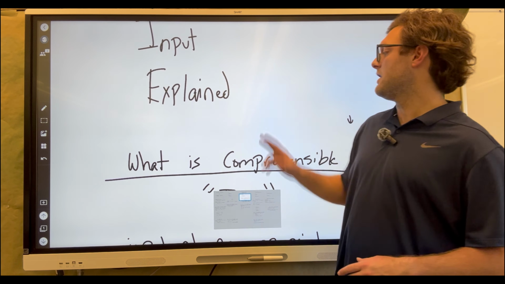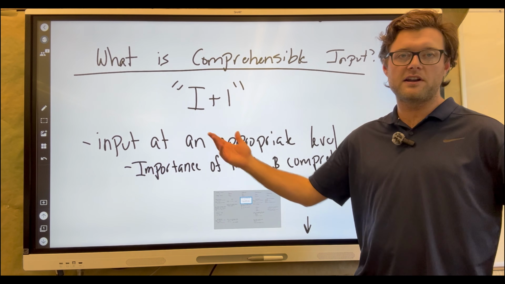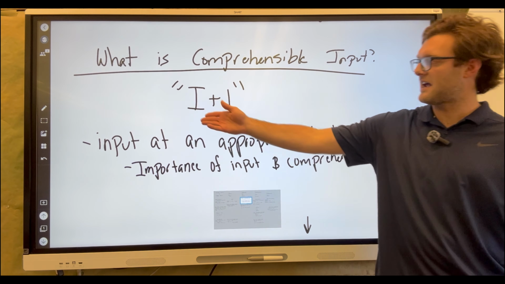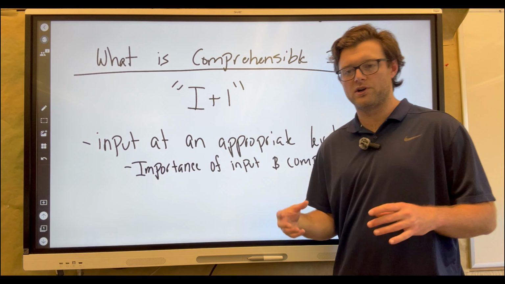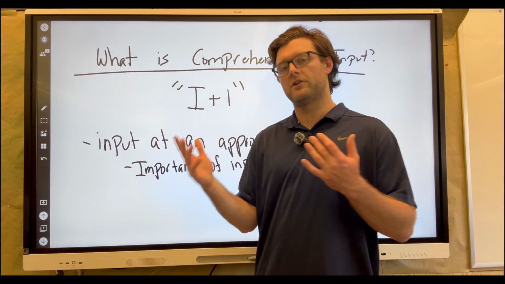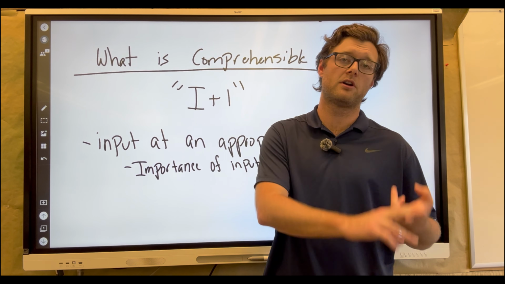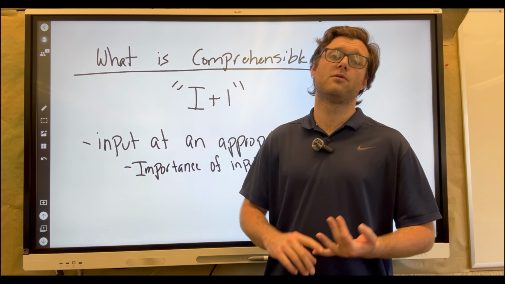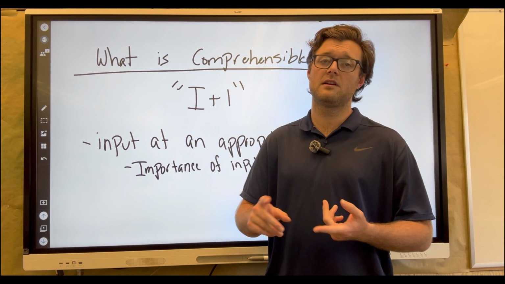So right here, I have just the basic math formula that almost everyone who studied Krashen knows by now. It's I plus 1. So the idea behind comprehensible input is, first things first, there are 4 domains of language, 2 of which are input, 2 of which are output. The output are speaking and writing, the input are listening and reading.